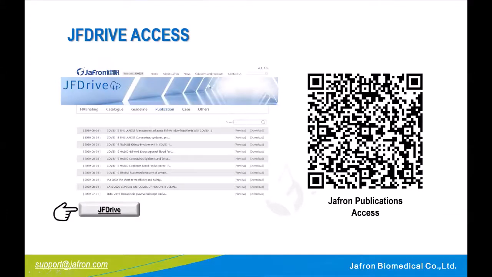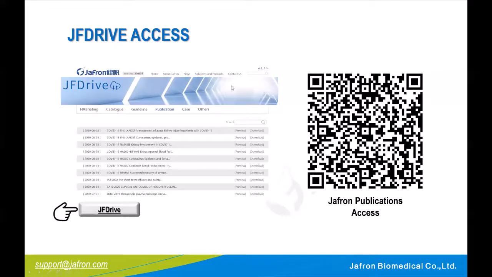So in the first part, I would like to emphasize again about the JF drive access. There are 2 methods that you can get through this JF drive, because on the JF drive we have the publication variable ones, and also we updated the related guideline, and also we added the hemoabsorption briefing on this, and later we'll upload the relevant hemoabsorption briefing made by the Jafron.